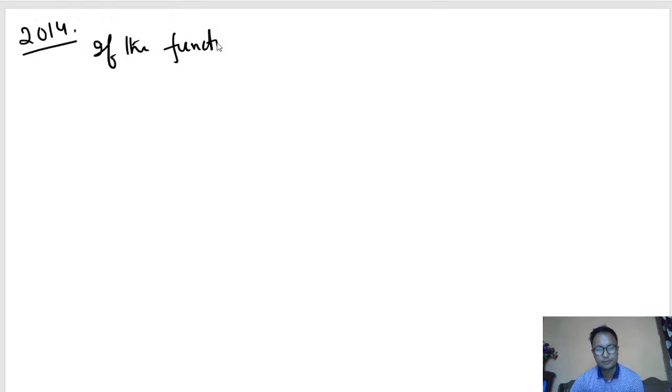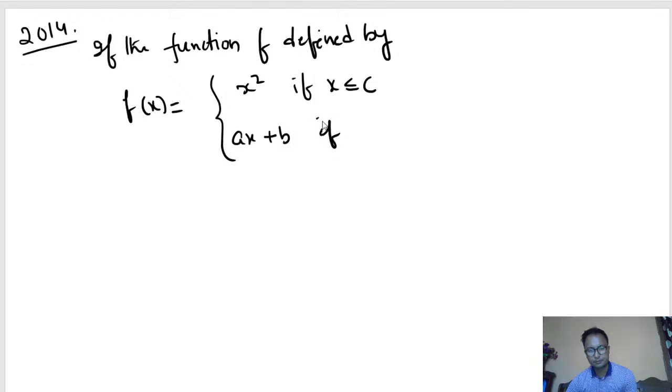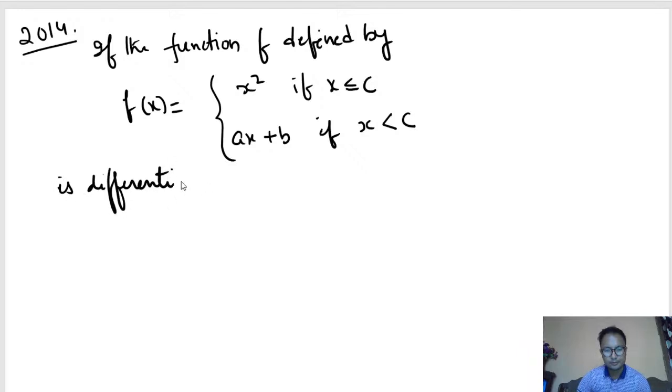If the function f defined by f(x) equal to x square, so let me write down the question first. The function is differentiable at x equal to c.